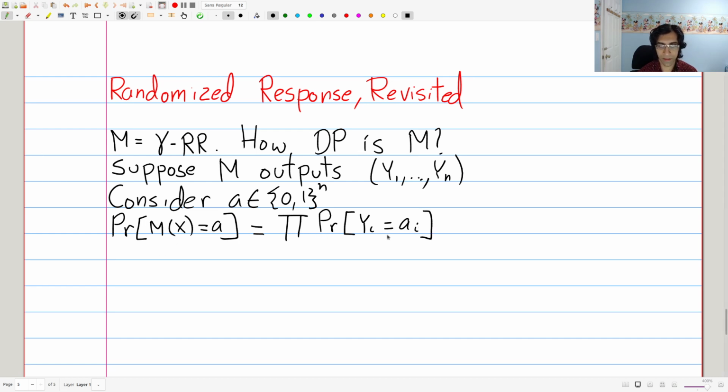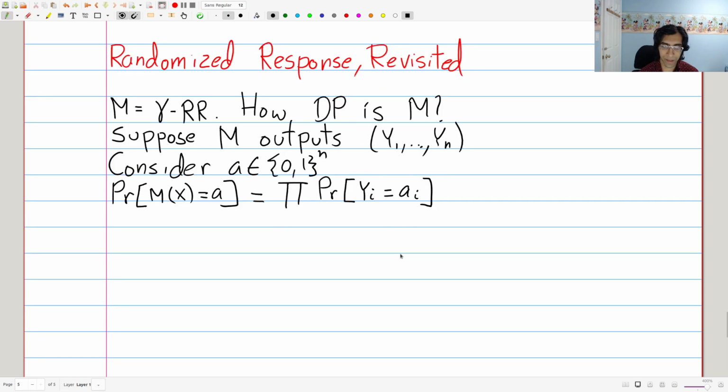Why is this? This is because these bits are all independent. Each individual will flip their own coin independently. So we just take the product of all those probabilities, and that's how we get the overall probability of seeing M(x) equals a.